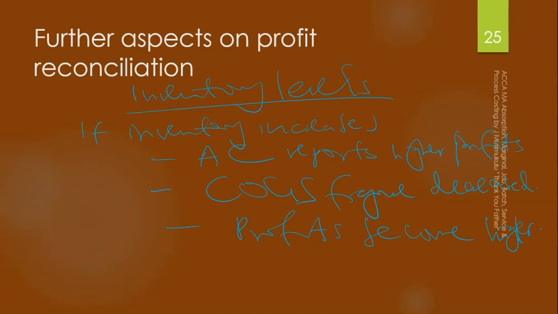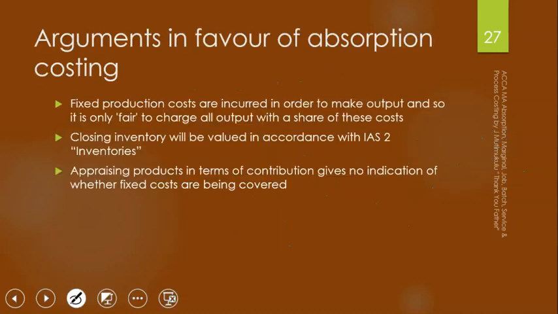Now, what do you think are the arguments for absorption costing? Arguments in favor of absorption costing: fixed production costs are incurred in order to make output, and so it is only fair to charge all output with a share of these costs.